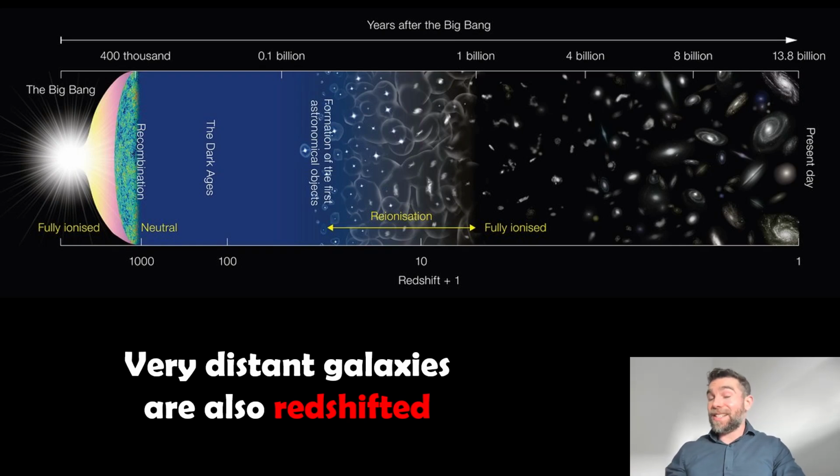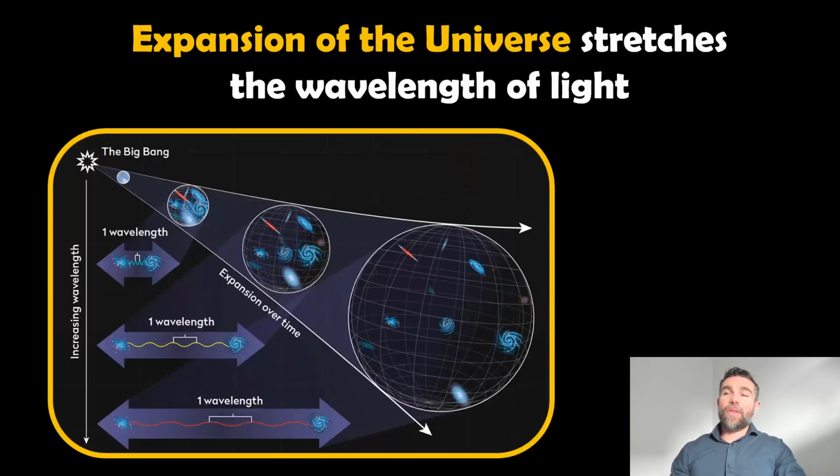So the important thing to note here is the more distant a galaxy is, the more redshifted it's going to be. So what do we basically mean by redshifted? Well, the universe is expanding, and as those photons, those wavelengths of light, travel from the galaxy to us, the expansion of the universe stretches the wavelength. It makes it longer.